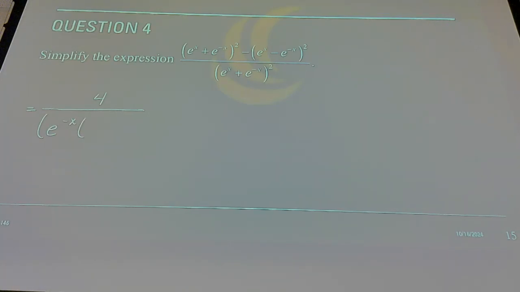So factor out an e to the negative x. If you factor out an e to the minus x from e to the x, what do you get? E to the 2x. Make that whole thing get squared.